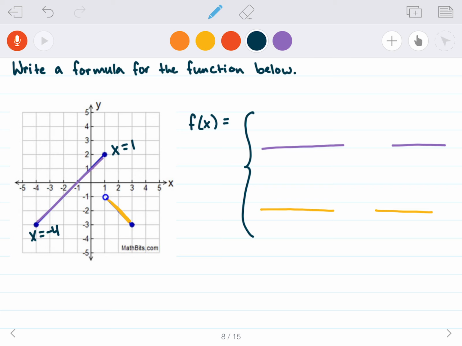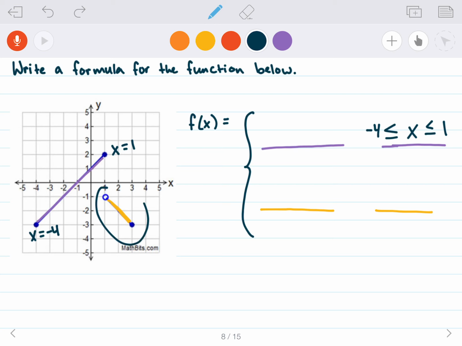How can we say that x is between negative 4 and 1? Well, we just put x in the middle, and it's going to be bigger than or equal to negative 4. And at the same time, it's going to be less than or equal to 1. And the little line at the bottom of these inequalities comes from the fact that we have closed dots on both ends there. So that's our domain for that piece.